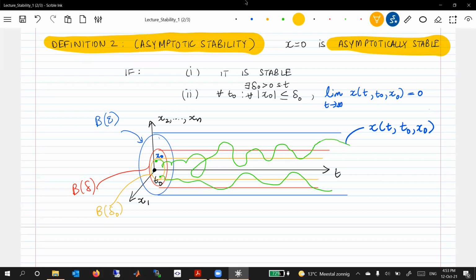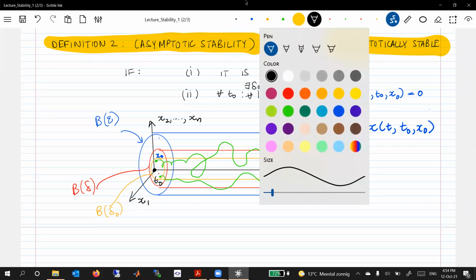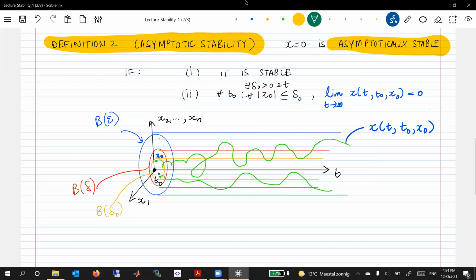And what we are saying is that if the fixed point origin is asymptotically stable, then no matter what initial condition I choose inside this delta naught, I'm running out of colors. Okay, let's pick this one. No matter what initial condition I choose inside this, and I think I should also erase this trajectory.